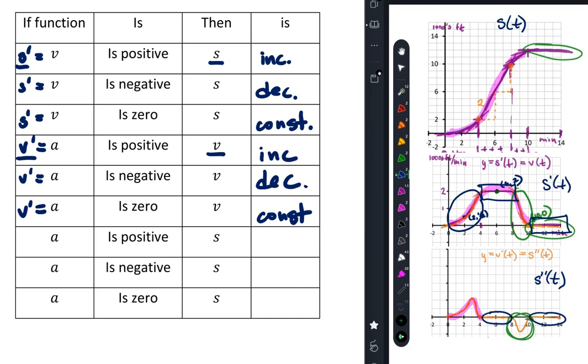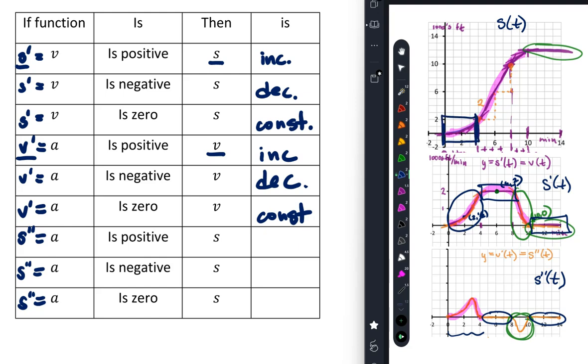The one that's new and maybe a little more interesting is comparing A to S. So A is the second derivative of S. So now we are not one derivative apart. We're not necessarily talking about a slope relationship anymore. If we look at where A is positive, that was my pink highlight, that's this first stretch of the function.